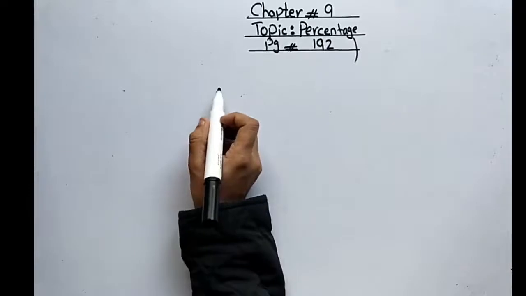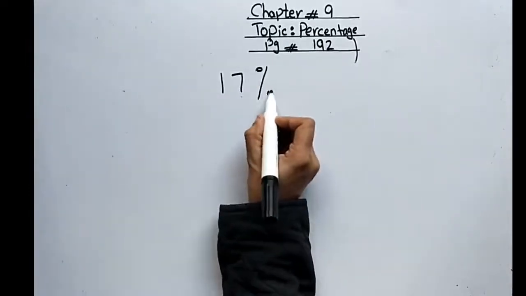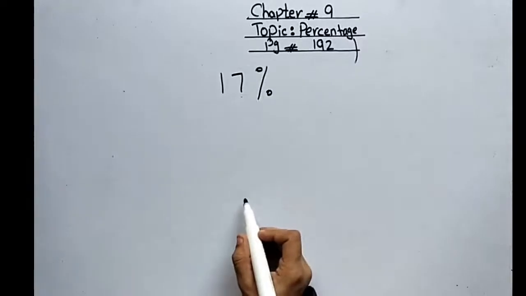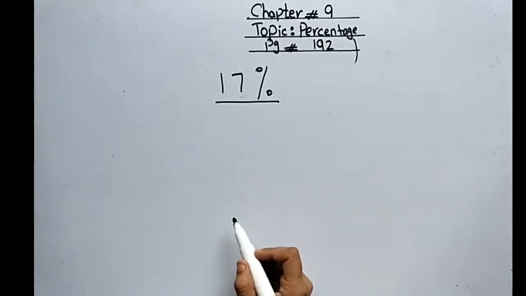So let's suppose you have a percentage number 17%. Now how can we find the decimal form of this percentage number? You can say, how can we convert this percentage number into a decimal form.